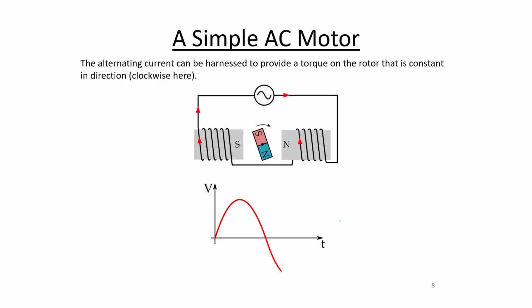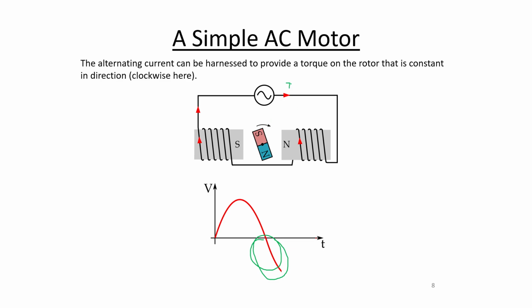So if we go a little bit farther along, here we've gone through about 180 degrees. Here we've gone through a little bit more than that, almost 270, a little bit less. But you'll note that north, remember, it was on the left, and south was on the right when we had positive voltages on our axis. So when we come down here and we have negative voltages, that just means that the current has changed direction.